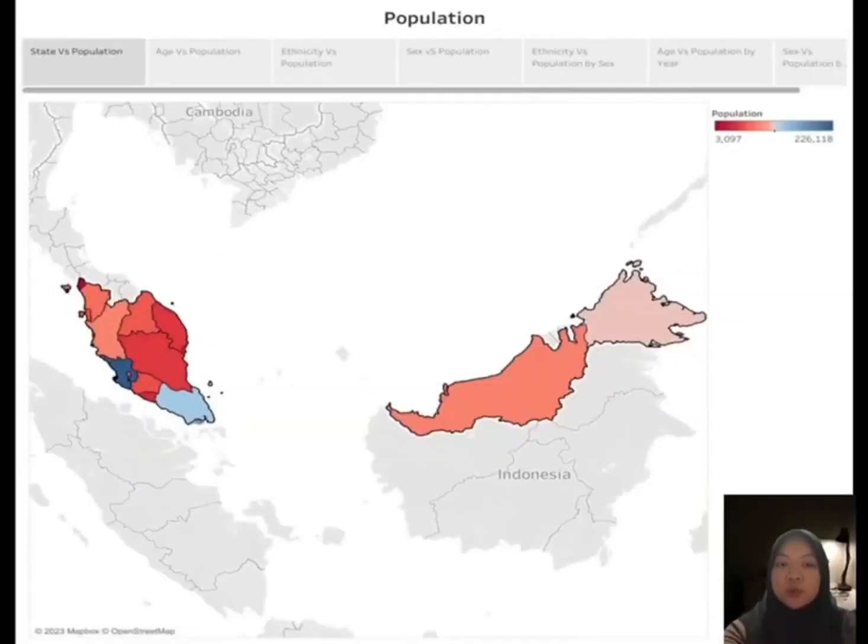Moving to visual 1, the figure maps illustrates the distribution of the population across different states in Malaysia. Based on the figure above, the highest population falls on Selangor, which has approximately 226,118 residents, followed by Johor with around 129,270 people.